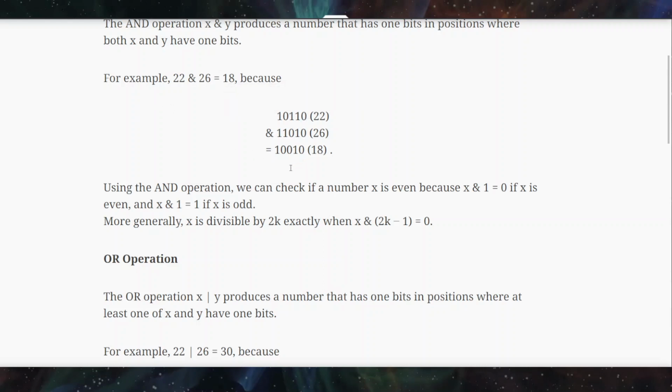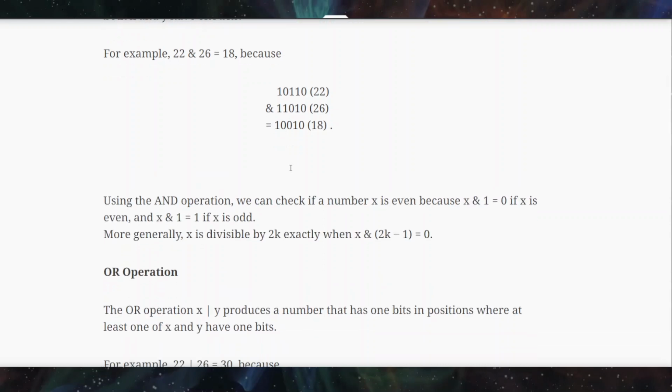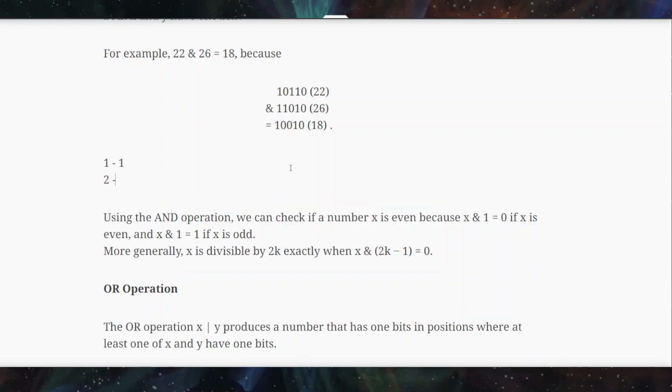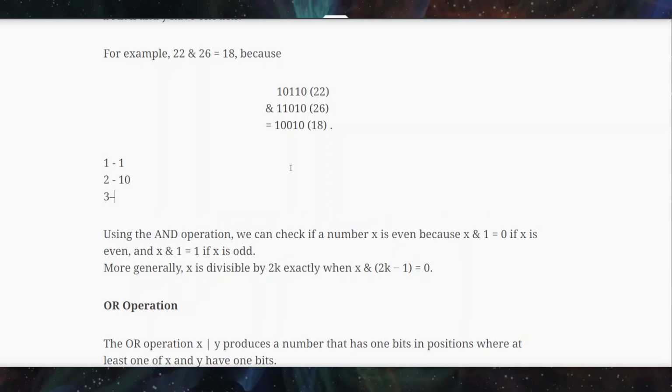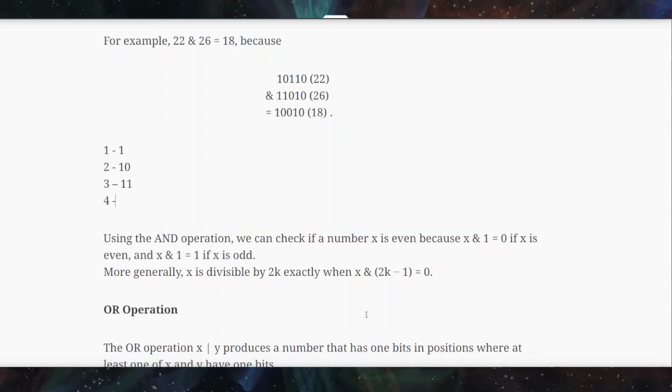Suppose we take 1, the binary of 1 is 1, then 2 is 1 0, 3 is 1 1, then for 4, it is 1 0 0.